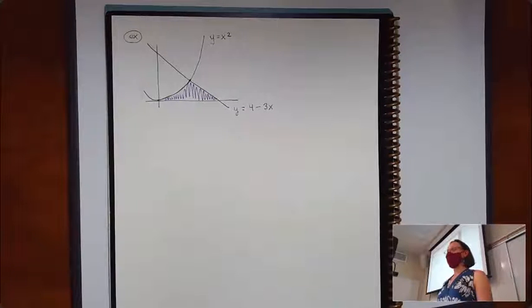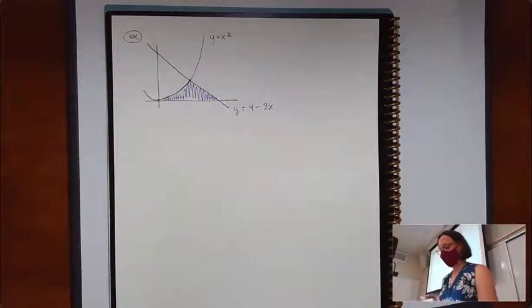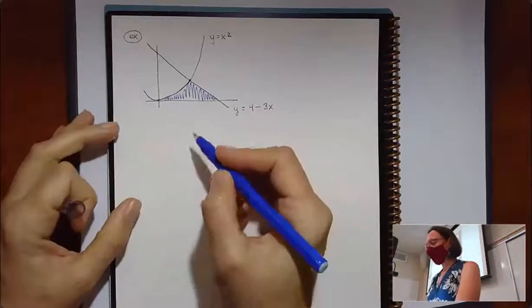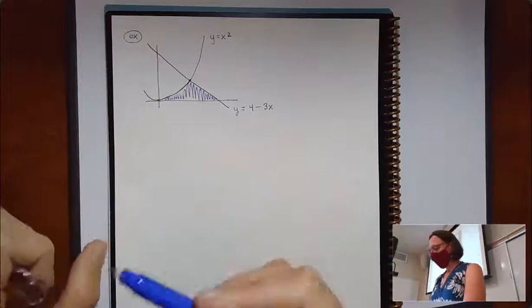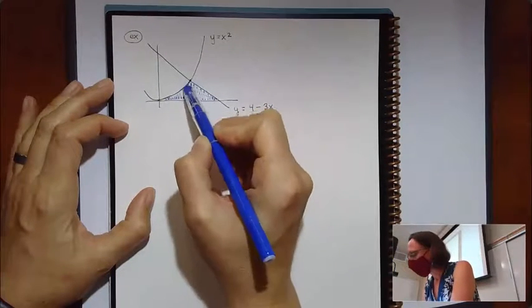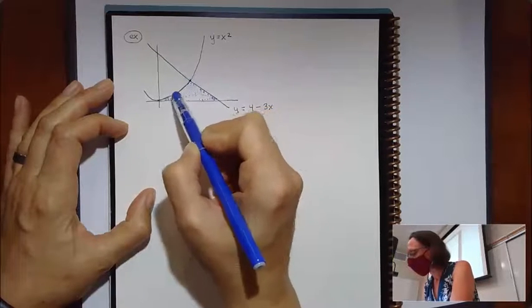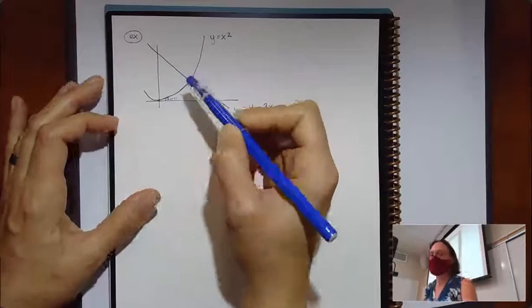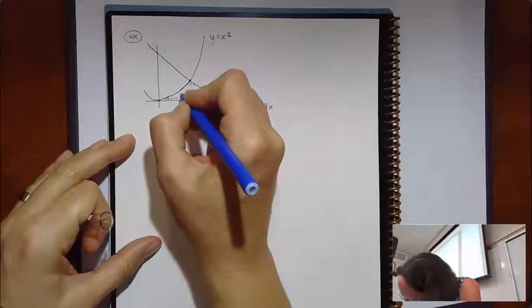Okay, I'm going to let you try. I will give you a hint that we can at least talk through this first part. Since my area needs to be a top function minus a bottom function, you can imagine that this little place down here is a little room, and I'm going to shrink myself and put myself inside of the little room.